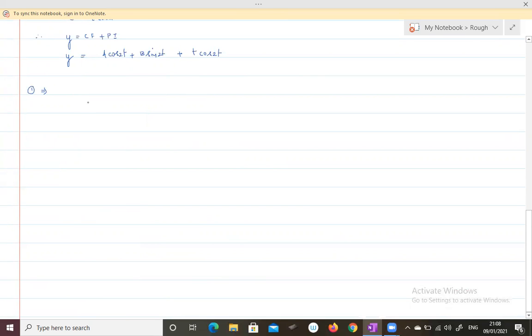Equation 1 says that minus 2x plus Dy equal to cos 2t. But we have to find the x value. So 2x equal to Dy minus cos 2t.